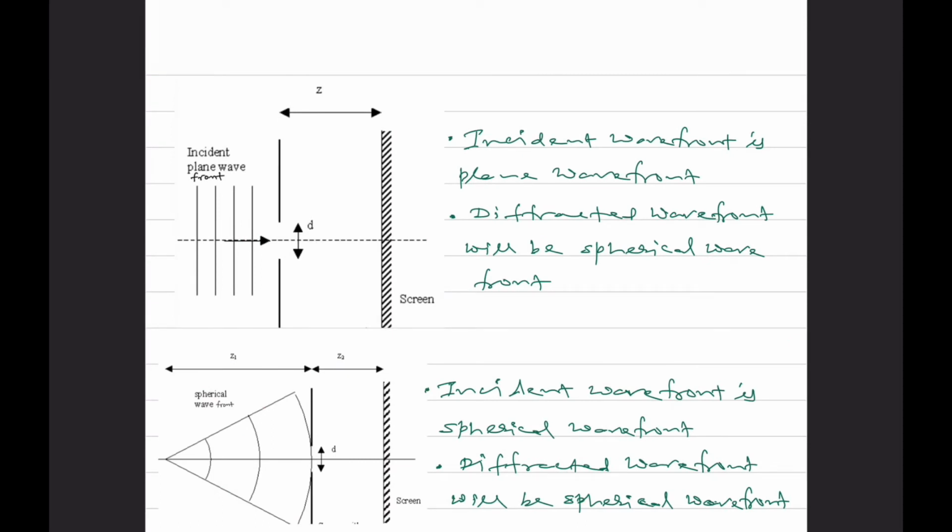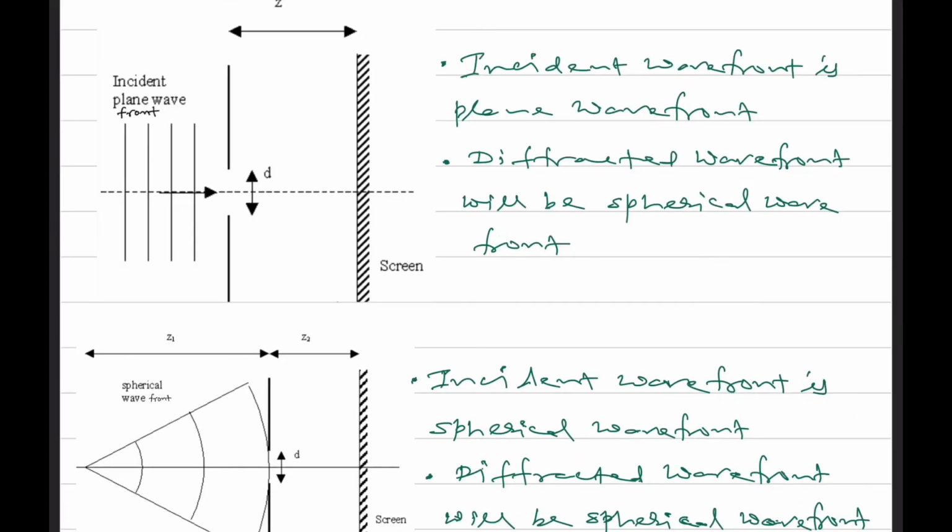You can see a single slit here, its width is small d, and a plane wavefront is incident on it. Since the screen is placed close to the slit, the incident wavefront is plane wavefront and the diffracted wavefront will be spherical wavefront. In the second diagram, the incident wavefront is spherical wavefront.